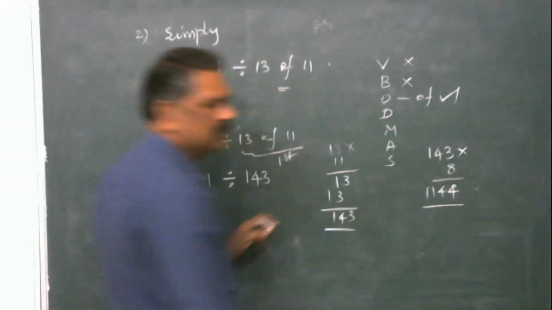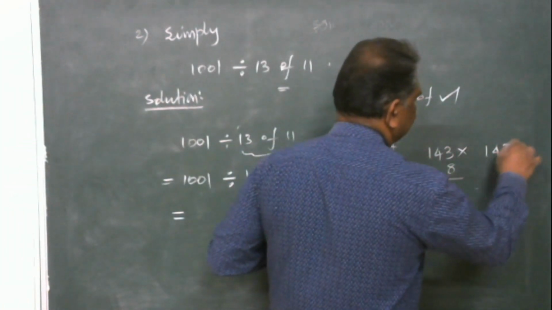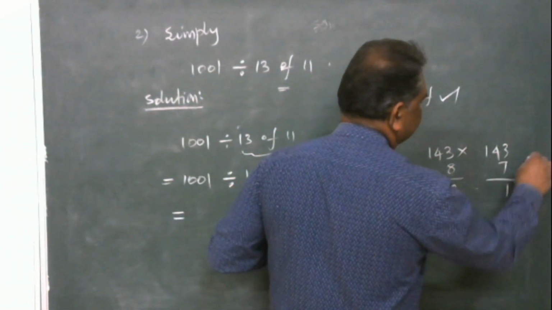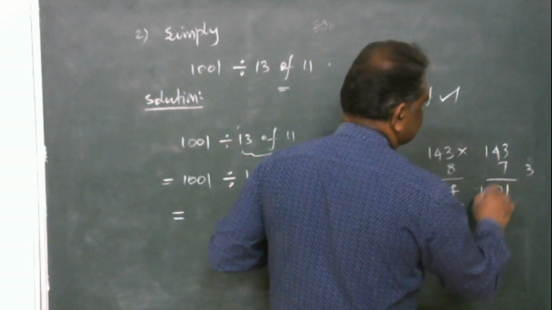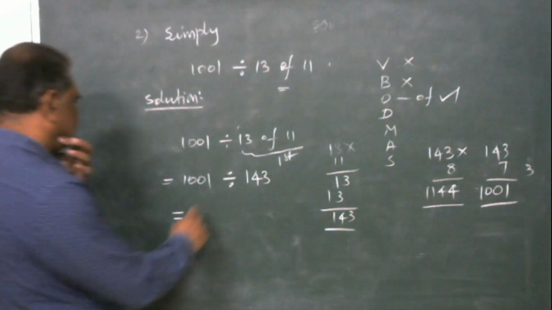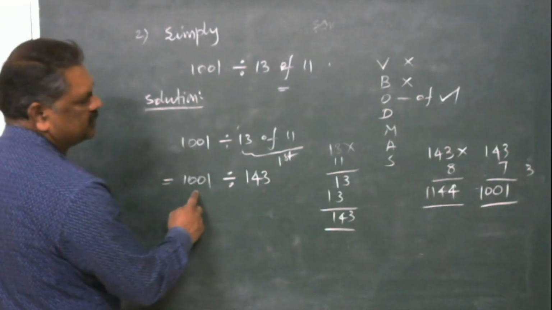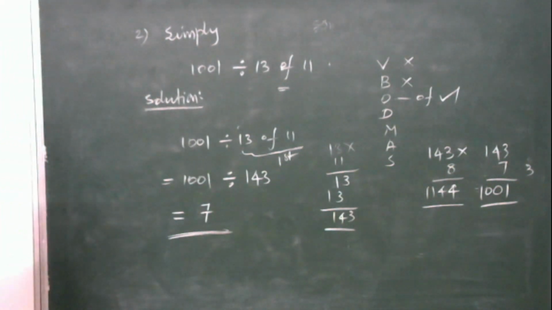It is more than this number. So let me multiply by 7. 7 3s are 21, 4 7s are 28, plus 2 is 30, 3 7s, yes. So 1001, how many 143s are there? 7 143s are there.